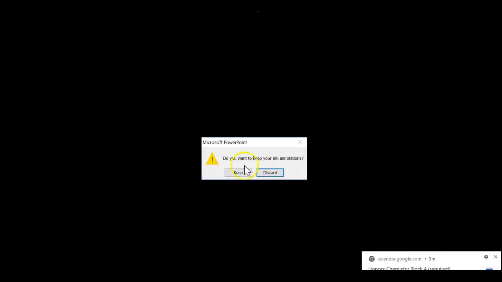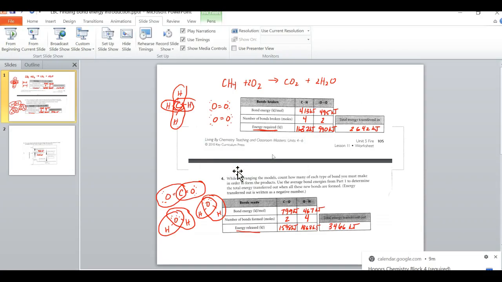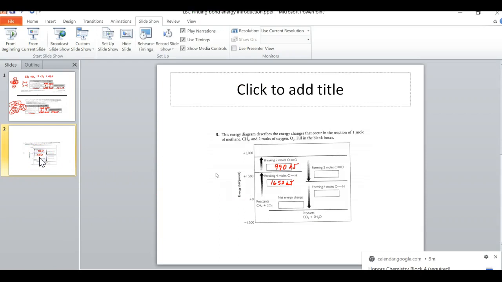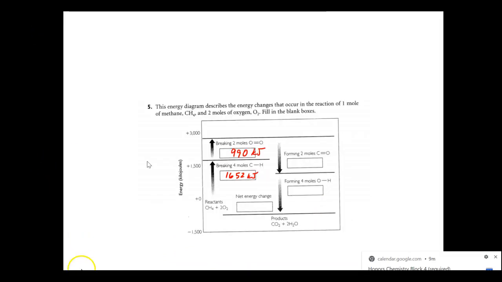So we're going to show that, and we're going to then place those values in these sections. So I had said that 2 CO bonds had a total of 1,598 kilojoules of energy released, and then 4 of the OH bonds released 1,868 kilojoules of energy.